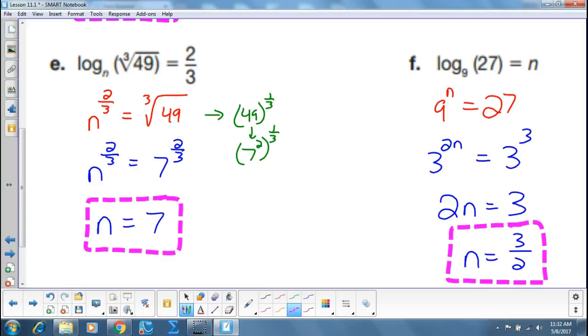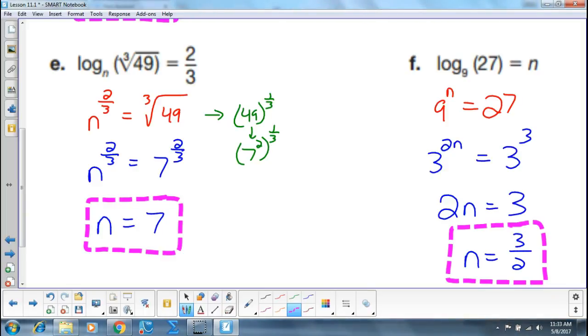We learned that like 4 chapters ago. I'm just working the one side. Do you agree that 49 is 7 squared? Do you agree that 7 squared to the 1/3 power is 7 to the 2/3 power?